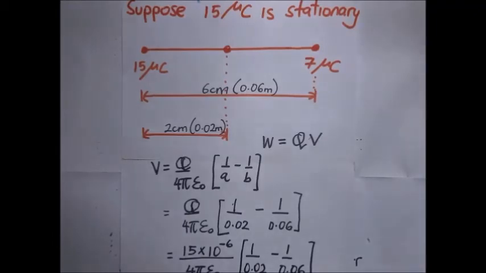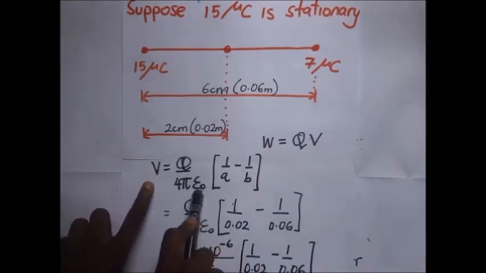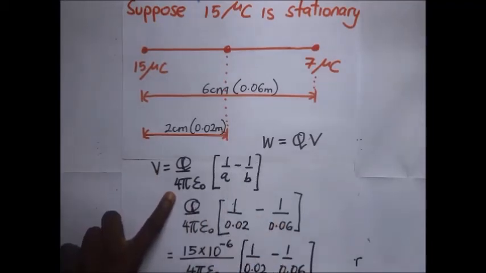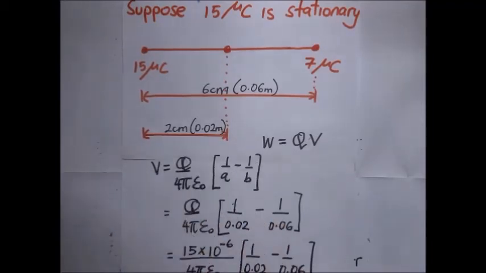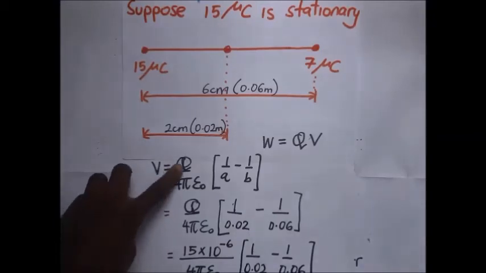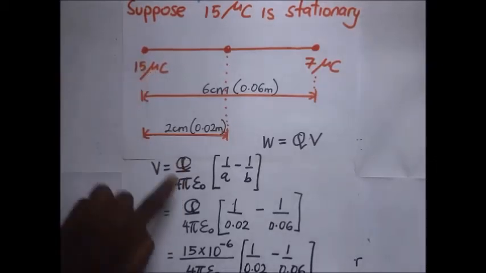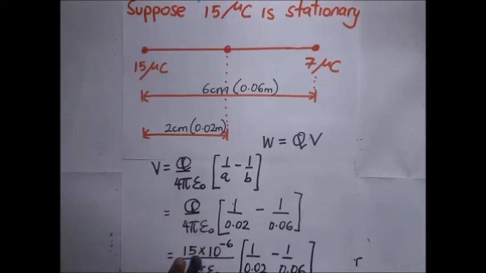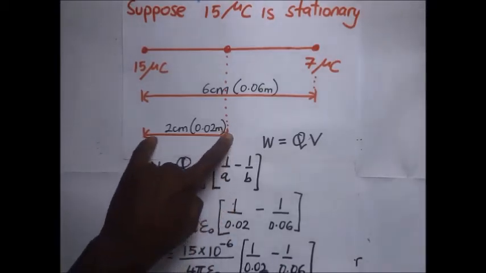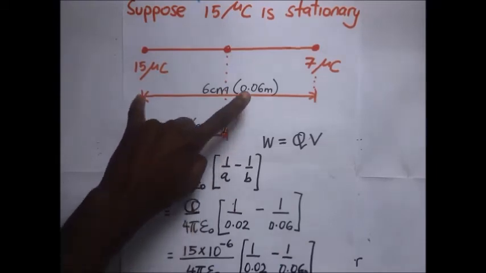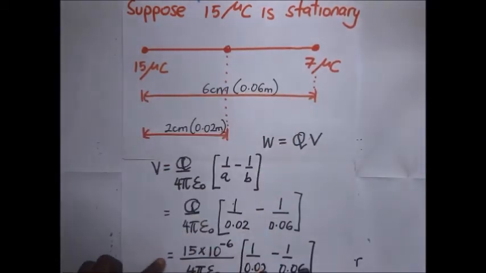So we continue with getting the potential. V is Q over 4 pi epsilon naught into 1 over A minus 1 over B. This is the expression for potential difference that we derived in our previous tutorial. Our value of Q is the stationary charge we have chosen, which is 15 microcoulombs. Substituting, we have 1 over 0.02 minus 1 over 0.06. 0.02 is our value of A, the shorter distance, and 0.06 is our value of B, the longer distance.